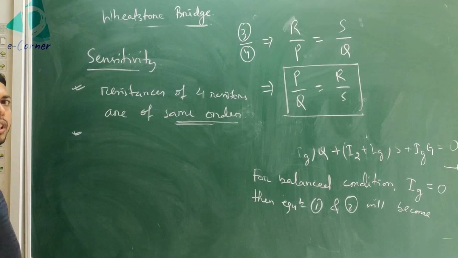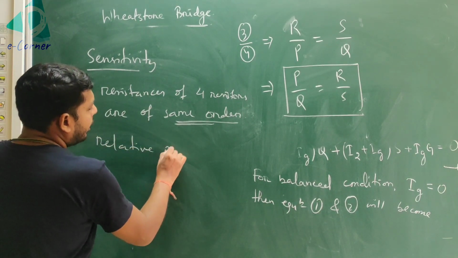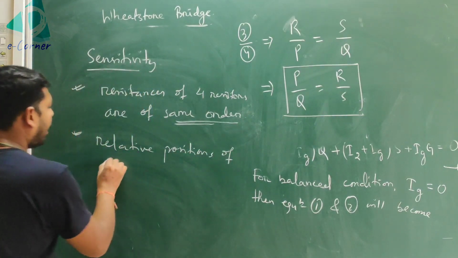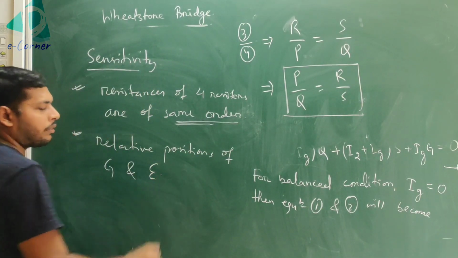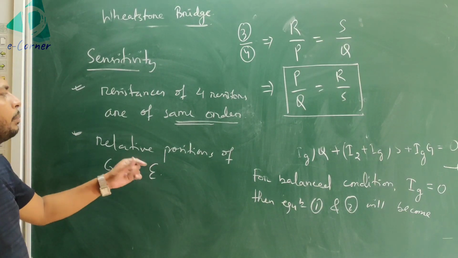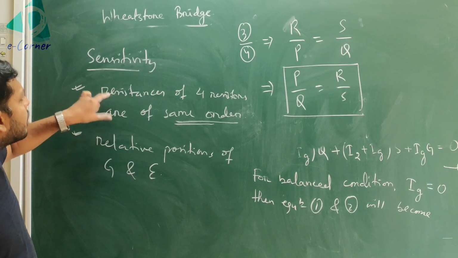And next one is, it depends on the relative position of the galvanometer and EMF. Sensitivity depends on the position of the battery and galvanometer. Correct. So these two are important.